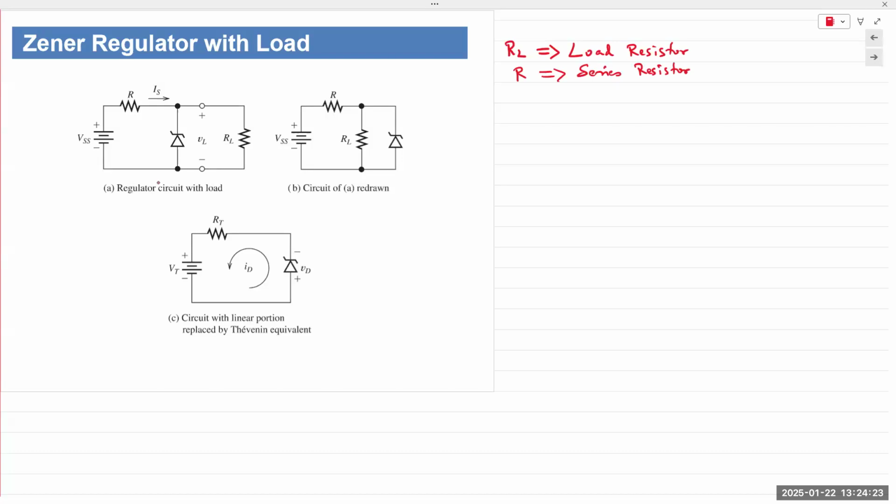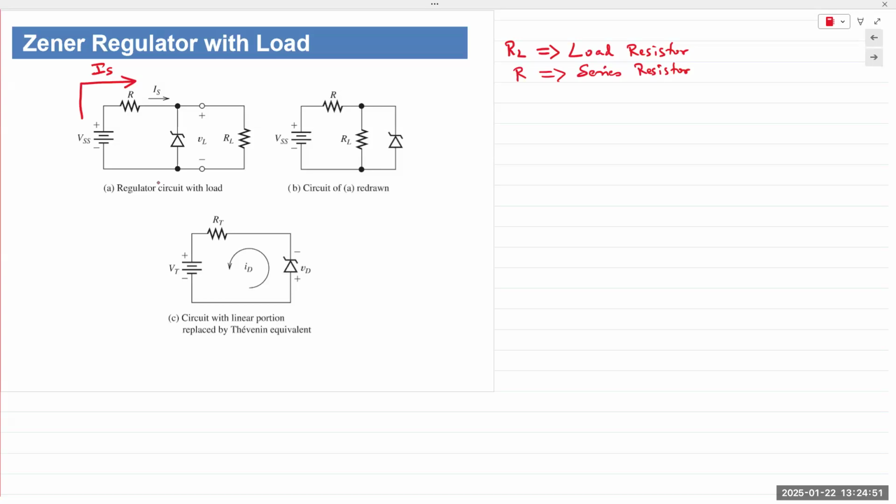This resistor is sometimes also referred to as RS. Again, just depends on different books, different authors, different instructors, but it's basically series resistor. And then we have the total supply current, IS, that is coming from the supply voltage, VSS. Okay.